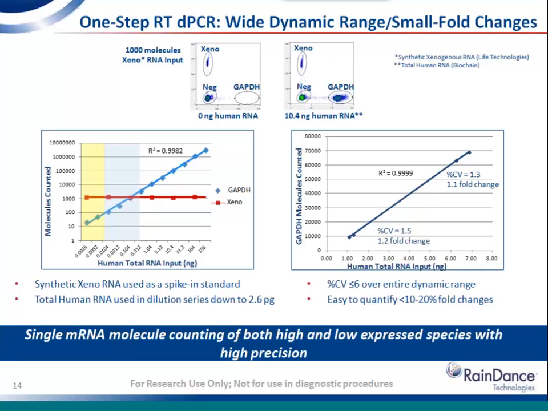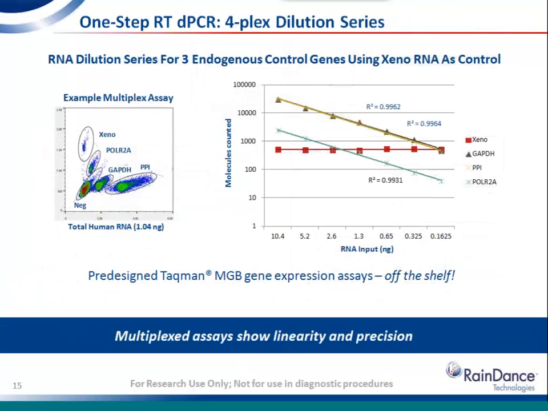Next, I will show you how multiplexing is also enabled for RNA, similar to how it was shown for DNA. For this example, a quick 4-plex assay was put together using the Xeno exogenous spike-in RNA as a control with a VIC assay. 2 different FAM assays were used, one for GAPDH and another for PPIA as housekeeping genes.